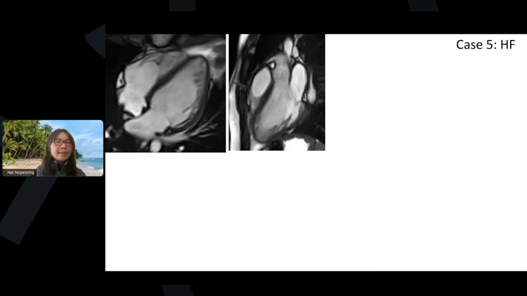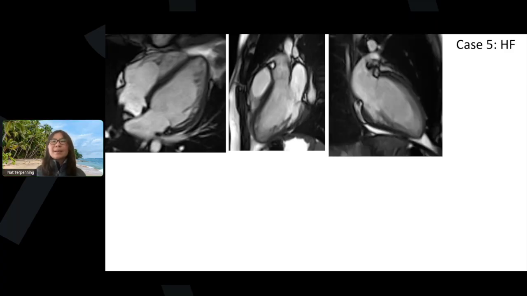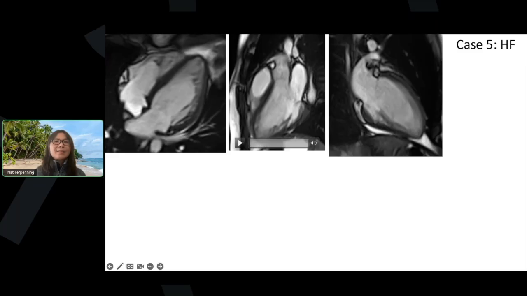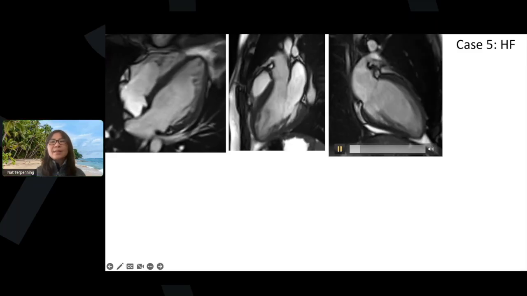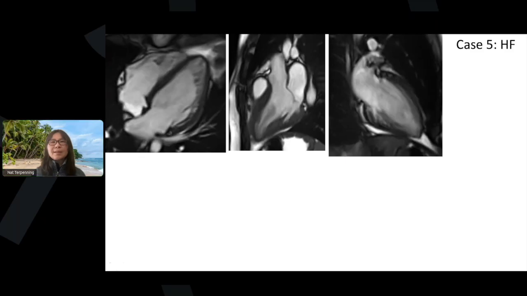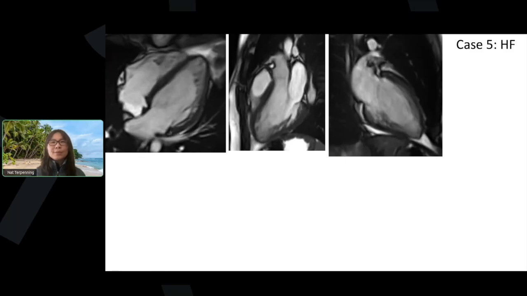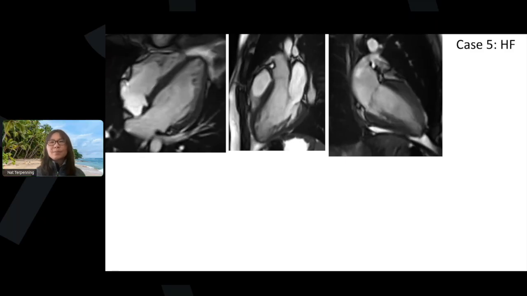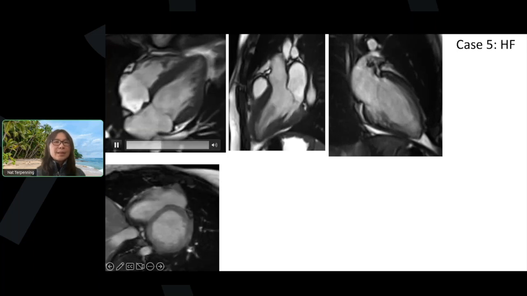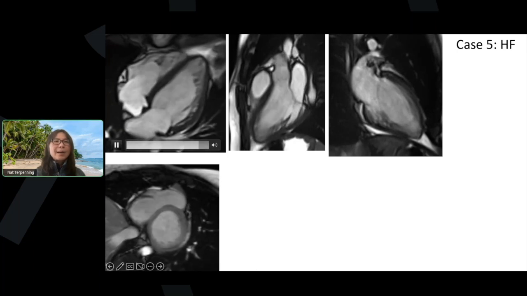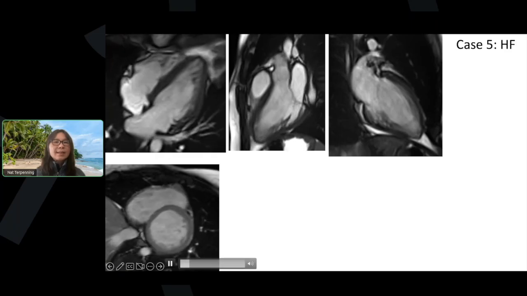And I think I have just the right time. Okay. 2 chamber, 3 chamber, 4, 3, and 2. Okay. You notice we talk about this. Look at my myocardial signal intensity here and here.